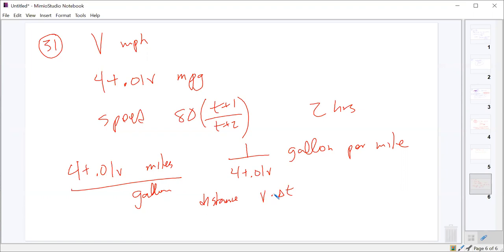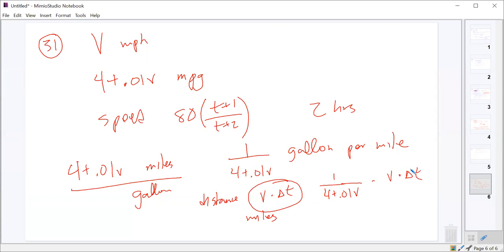And so that should tell us then that if we want to take gallons per mile, 1 over 4 plus 0.01 V, gallons per mile, times miles, that should be times V times delta T.